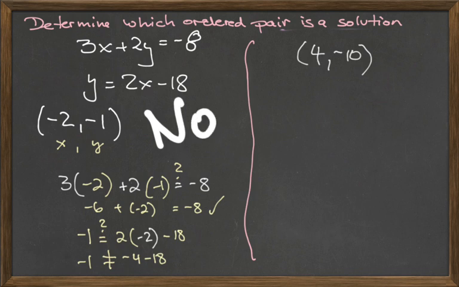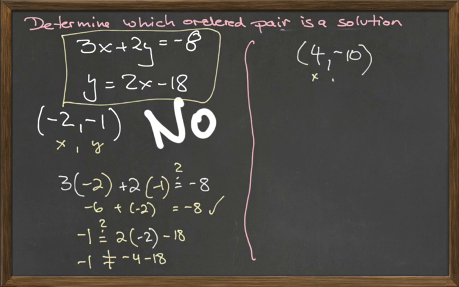Okay. Now let's try the point (4, -10). Again, we're plugging it into the same system here. Now this time we have x is 4 and y is -10. 3 times 4 plus 2 times -10.